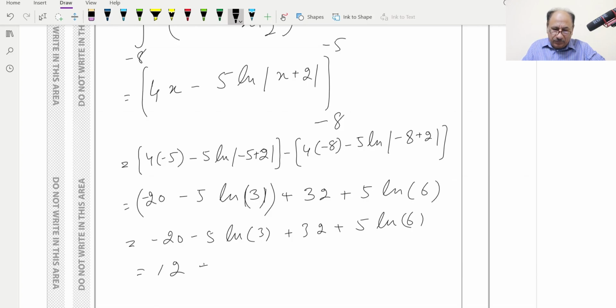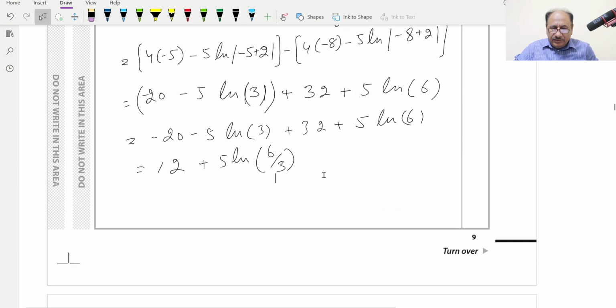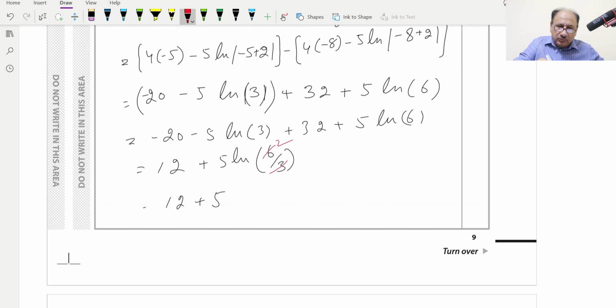5 log 6 over 3, so we can write 6 over 3 inside the log, using the log formula: log a minus log b is equal to log of a over b. So this is equal to 12 plus 5 log of 6 over 3, where 6 over 3 cancels, 3 twos are 6, so we write log of 2.